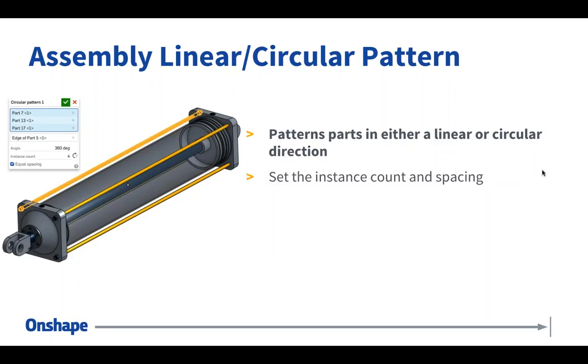And it's often referred to as, quote unquote, a dumb pattern. It's using a fixed spacing and instance count. So unlike Replicate, it's a little more vulnerable to model design changes. Replicate will recognize changes in geometry and update. In the case of a linear pattern, it's just using a number and an instance count. So it's going a certain distance, a certain number of times. And the same thing goes for a circular pattern.